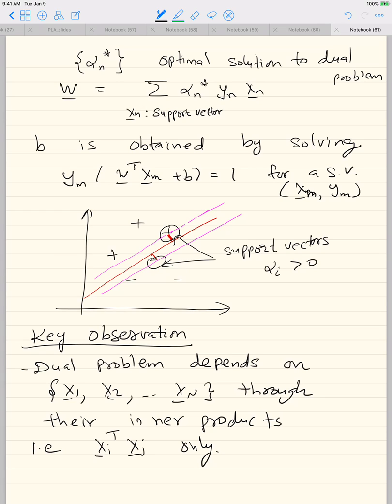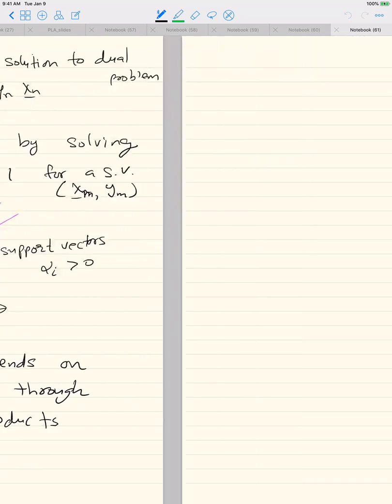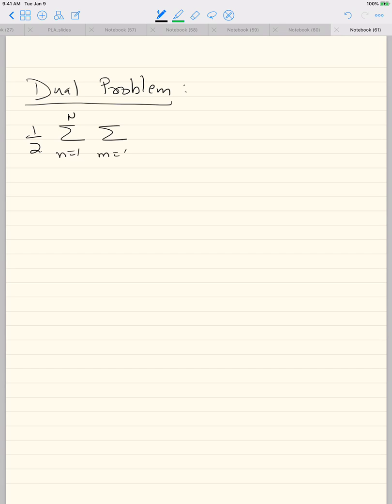So let's look at it more carefully. If you look at the objective function of the dual problem, the objective function is this: half the sum over n going from 1 to capital N, m going from 1 to capital N, of yn ym alpha n alpha m xn transpose xm, minus the summation of n going from 1 to N of alpha n.